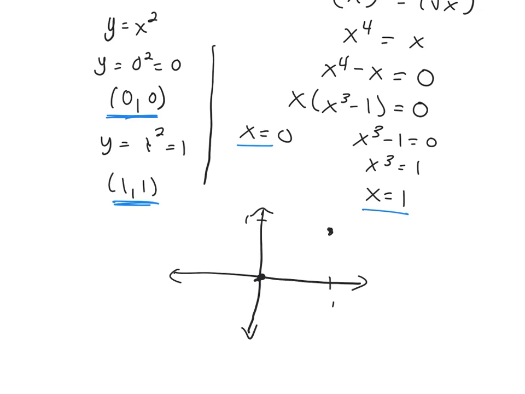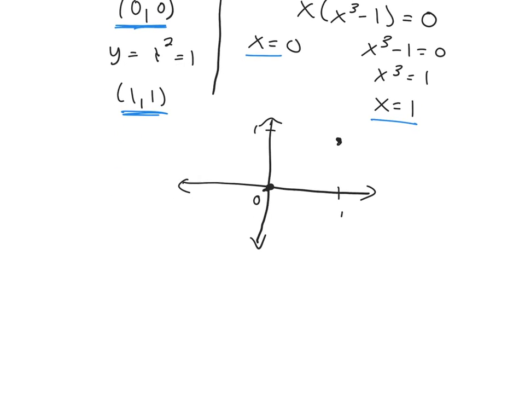So the way I did this last time was I plugged in a number in between, between 0 and 1. So let's go with 1/2. Let's plug 1/2 into my 2 functions and see which one gets me the larger value. Y equals x squared.